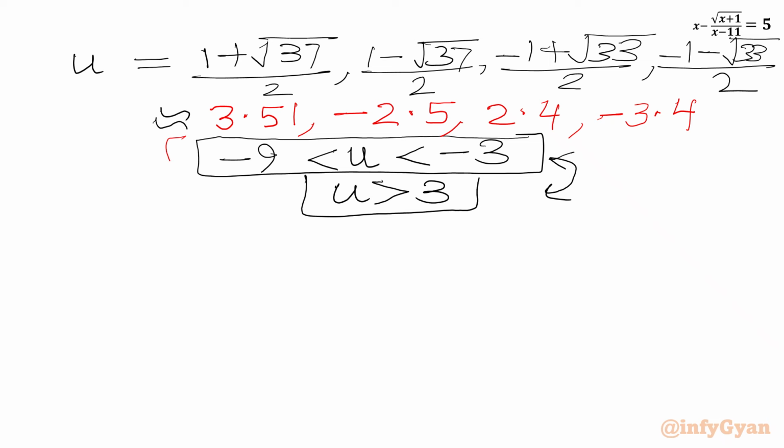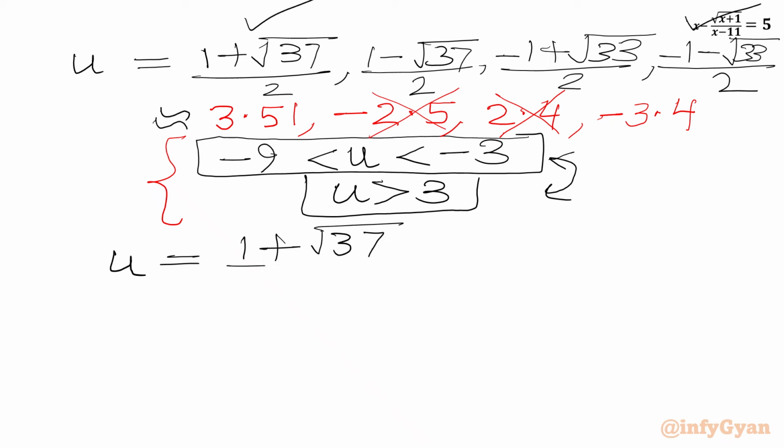Now we have two conditions for u. So we are going to reject these two solutions as they are not lying in the specified interval of u. So we are going to accept this one and the last one. So u will be equal to (1 + √37)/2 and (−1 − √33)/2.